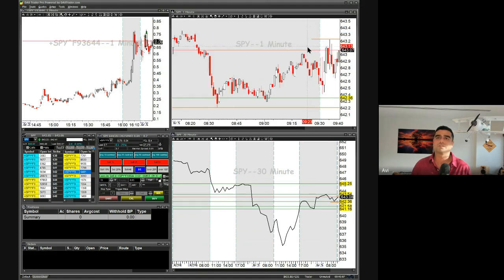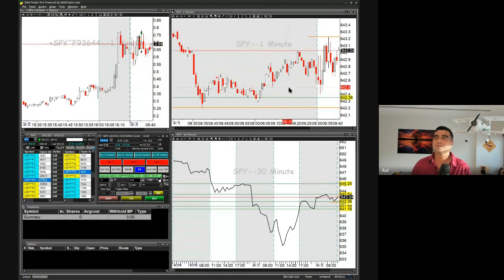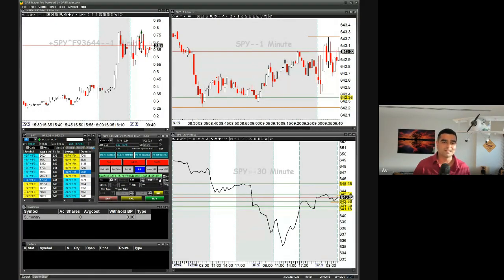Yeah, 644 contracts make sense. Call options. Yep. But I really only want to wait for the breakout and retest. That's when it's really powerful. These candles should get smaller, ideally.